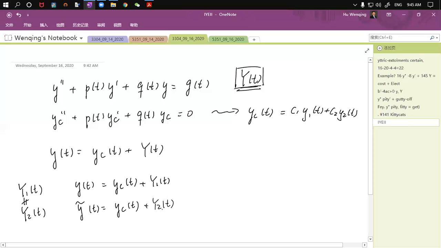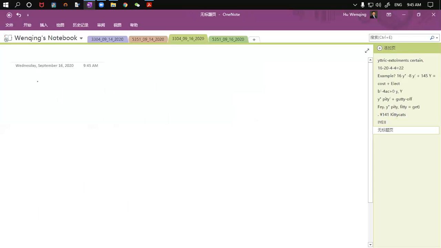Well, you must realize that if y1 is a solution, it means y1 double prime plus p of t times y1 prime plus q of t times y1 is equal to g of t.